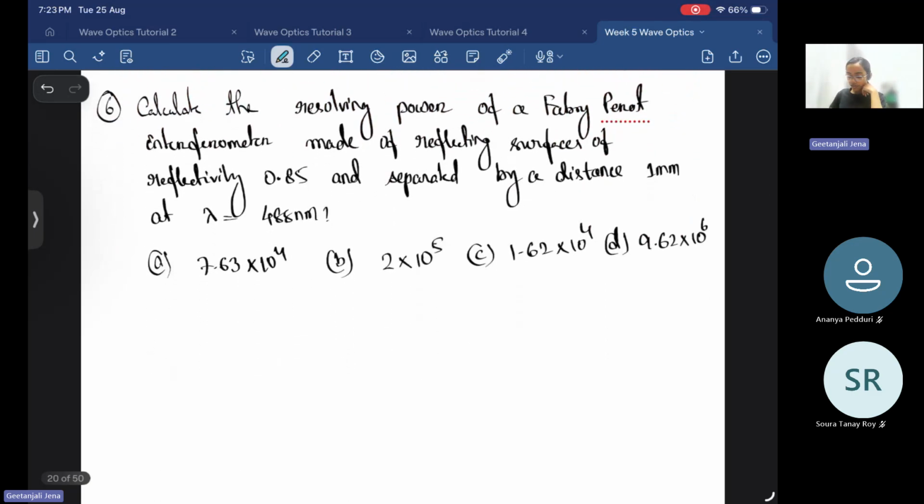So for now, let us move to our next question. The question is asking, calculate the resolving power of a Fabry-Perot interferometer made up of reflecting surfaces of reflectivity 0.85. And these are separated by a distance of 1 mm at lambda 488 nanometer. So given this information, you need to calculate what is the resolving power.